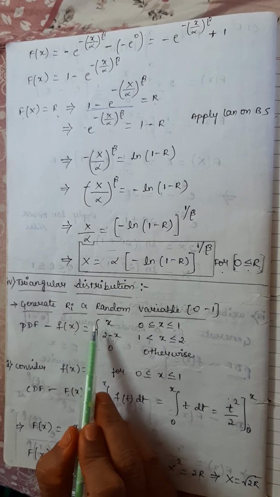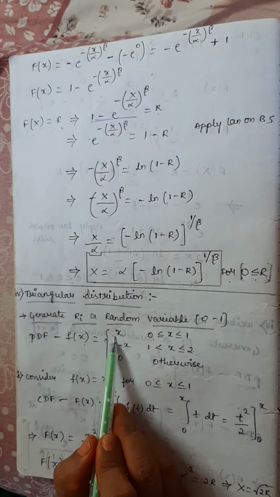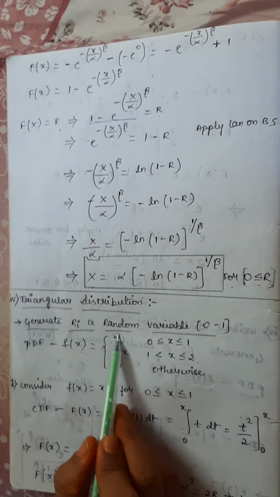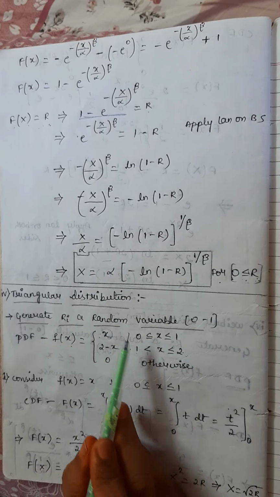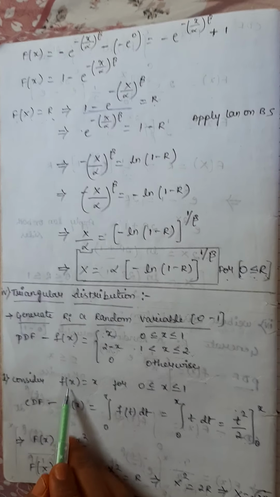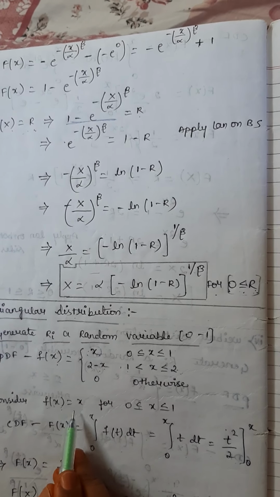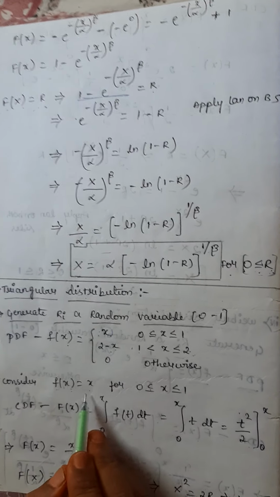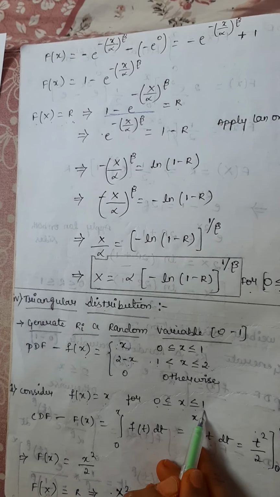First let us generate the random variate equation for only the first equation, and then go for the second range. So let us consider small f of x, that is the probability density function, equal to x for the range 0 less than or equal to x less than or equal to 1.